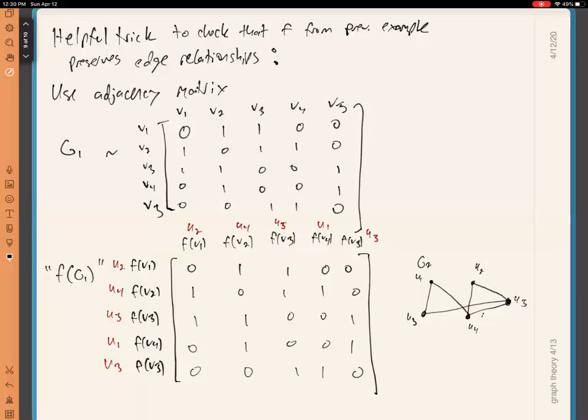One more compact and easier way to do this is to draw the adjacency matrix for G1, and then draw the adjacency matrix for f of G1 in the way that I did here, where you're changing the way you label things according to where the function sends v1, v2, v3, and so on. If these two matrices are the same, then the function has to preserve the edge relationships, and so it has to be an isomorphism.